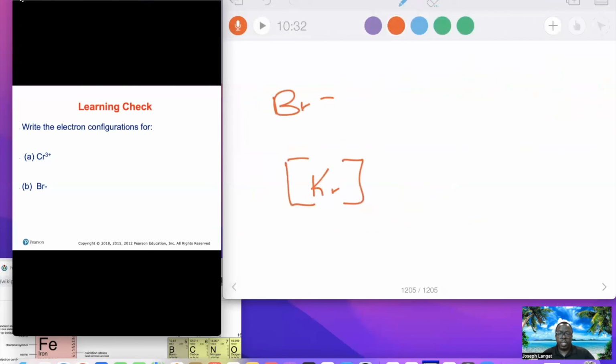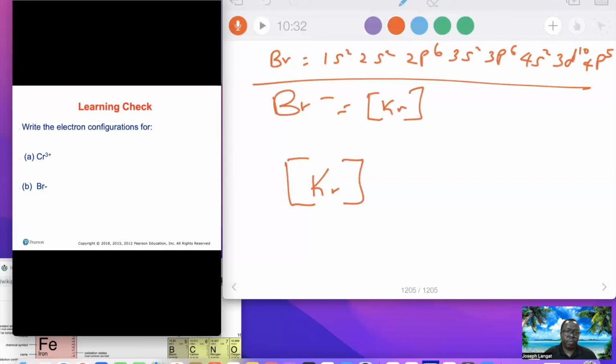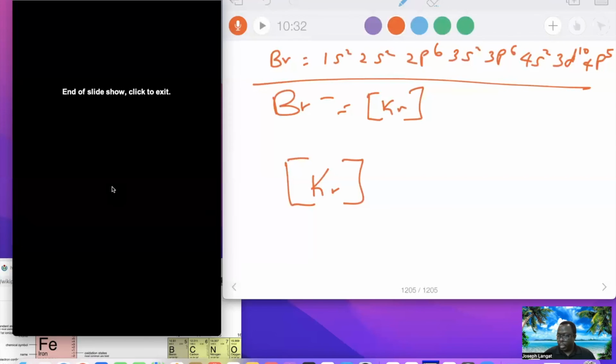Bromine alone is 1s2, 2s2, 2p6, 3s2, 3p6, 4s2, 3d10, 4p5. 4p5 is just like fluorine, but for this ion it is going to be just krypton. You have an extra electron for that.